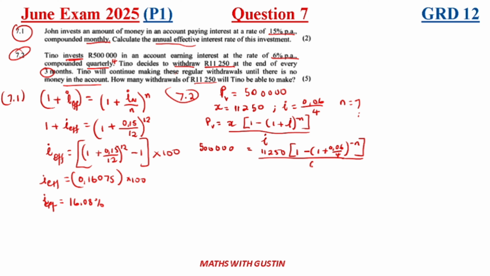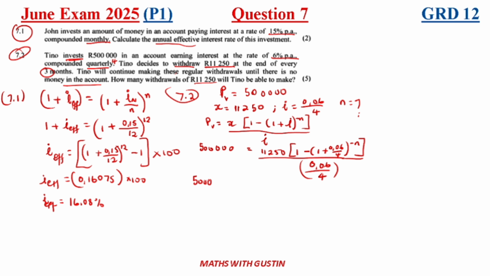We need to divide 0.06 by 4 because in this case it is compounded quarterly. So therefore we are going to cross multiply here.